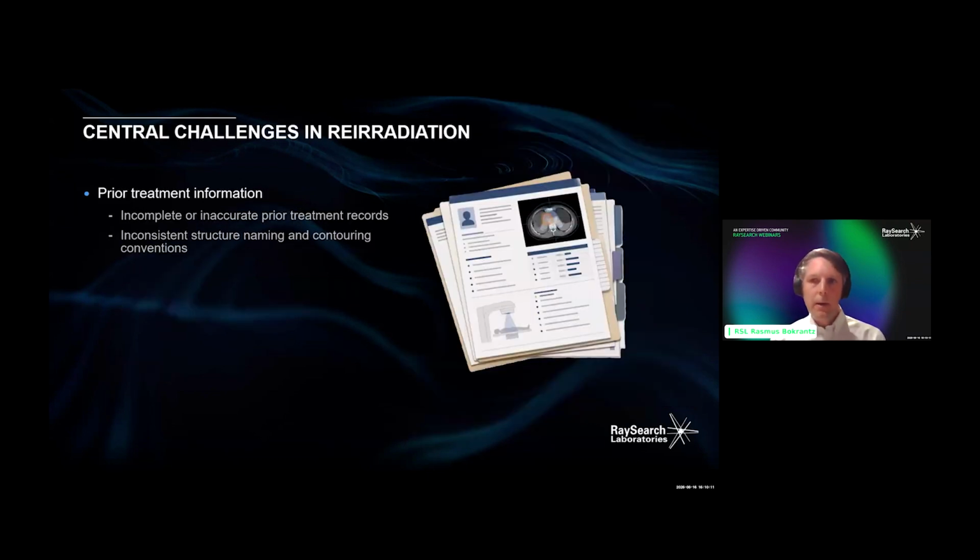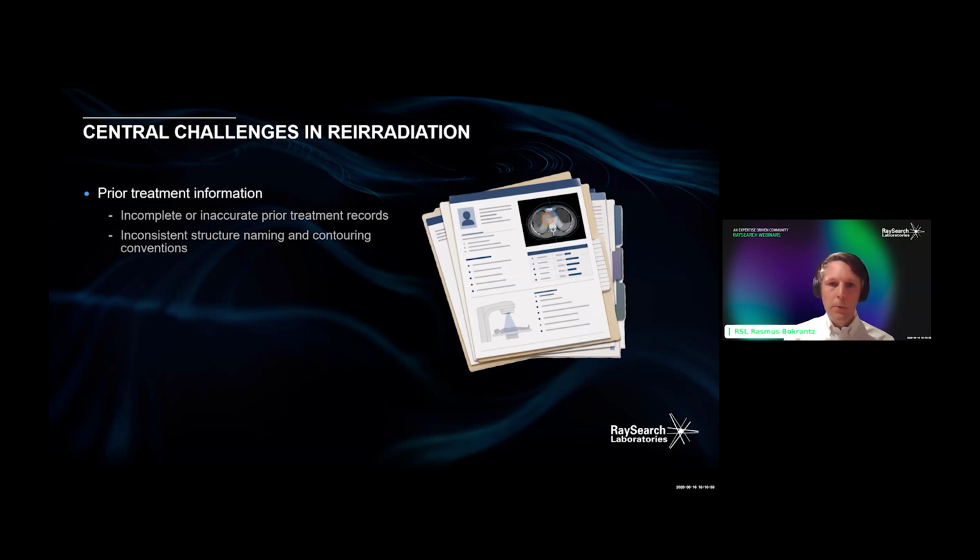So this is clearly a very active area, both in terms of research and clinical use, but it also comes with many technical challenges. One challenge is, of course, the logistics related to retrieving information about the prior treatment to take into consideration when generating the reirradiation treatment plan.